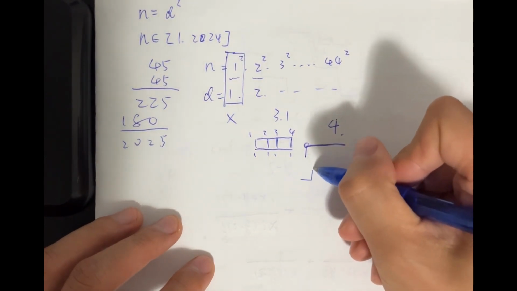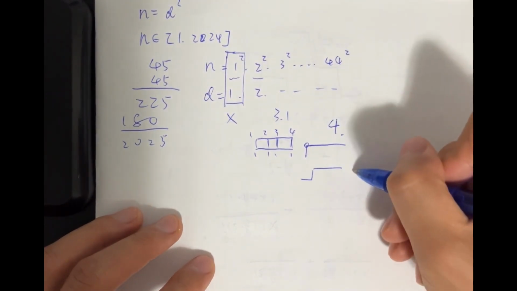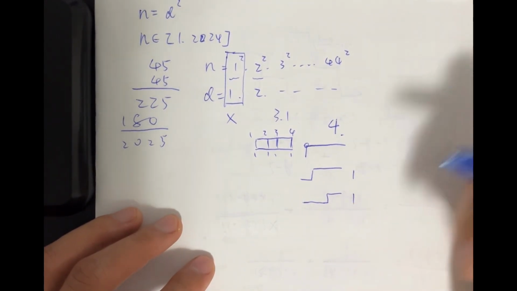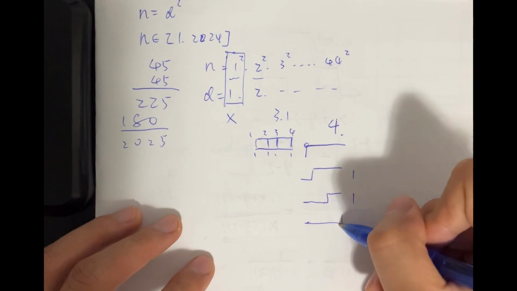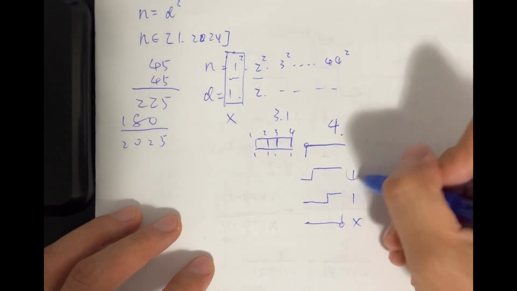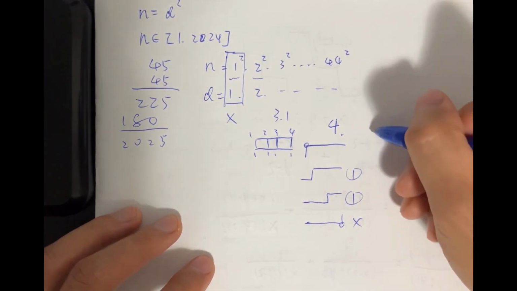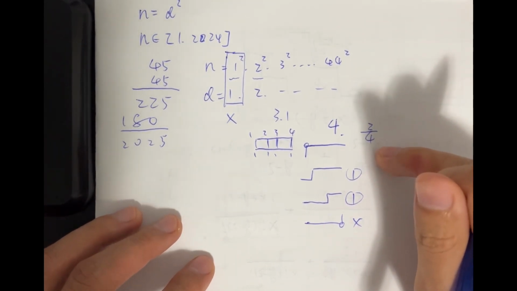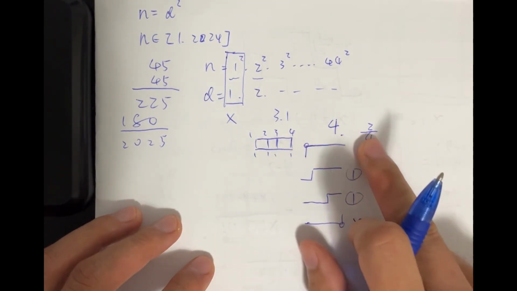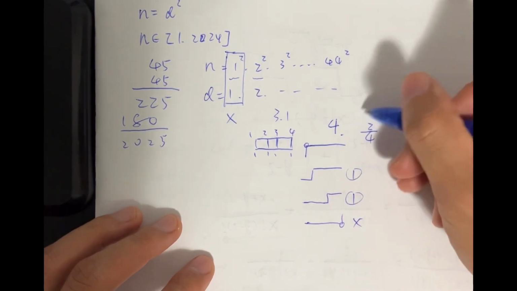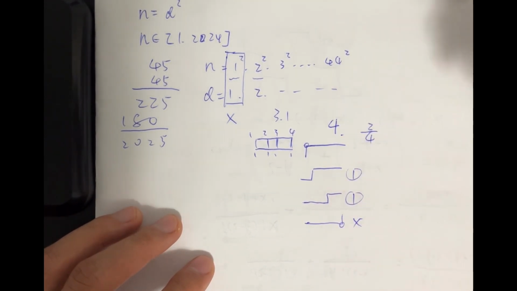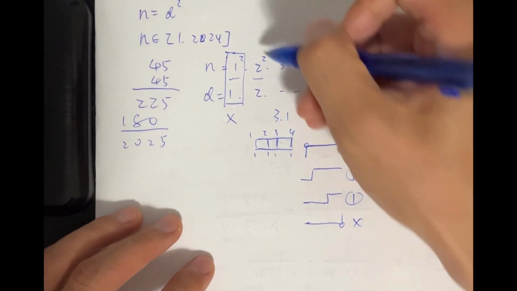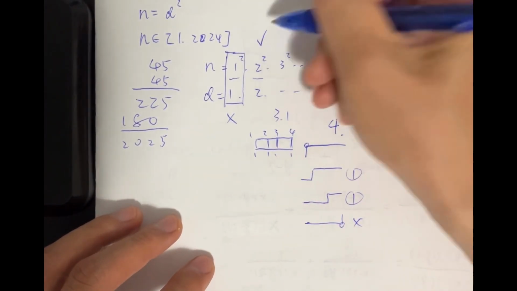If you do this, 1, 2, okay, there is 1. And if you do this, 2, 1, there's another 1. This one doesn't satisfy. This one satisfies. This one satisfies. So it is 2 out of 4, which is just half of it. Although it is a one row thing, it still works. So this case works.